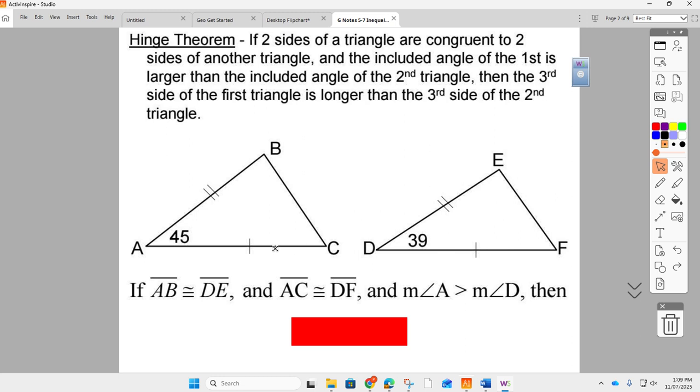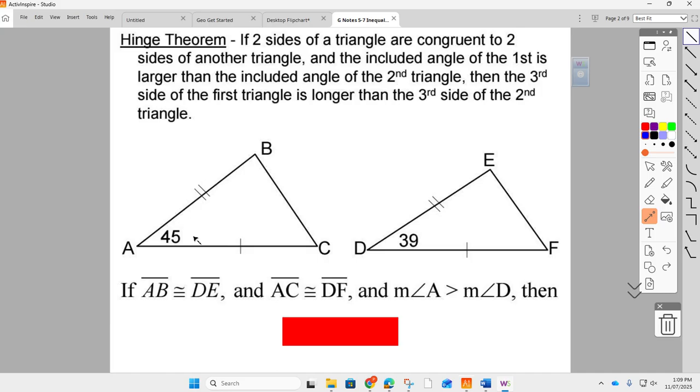So if these two sides are congruent, and we know this angle measures 45, and this angle measures 39, all we're saying is this side is longer than this side.